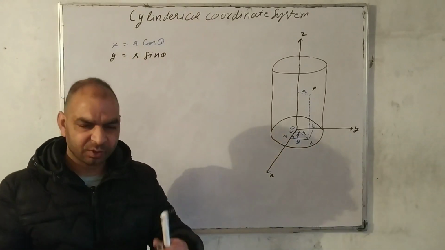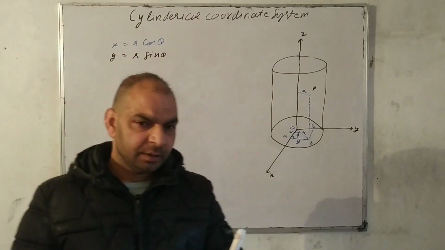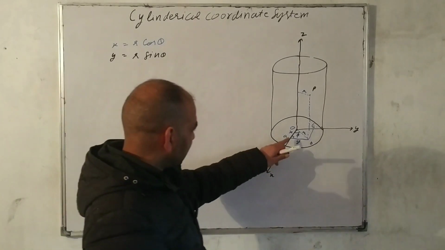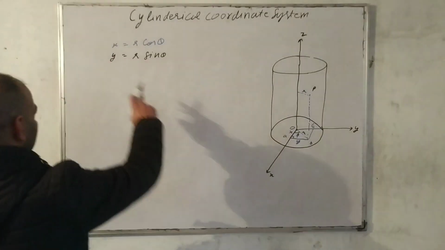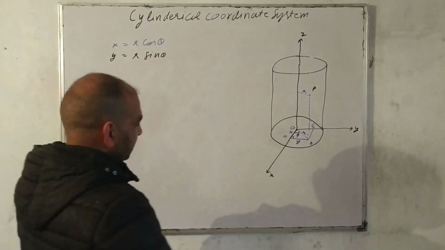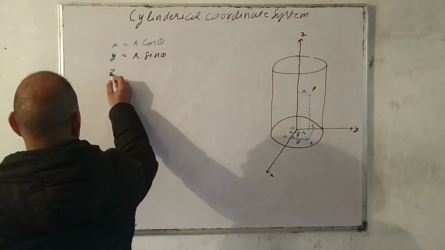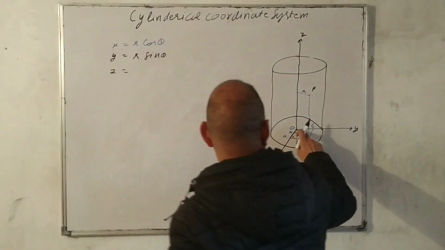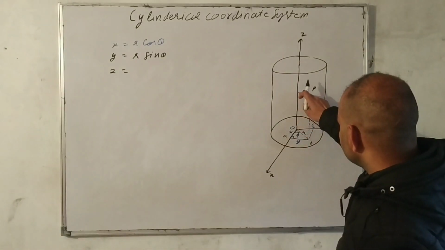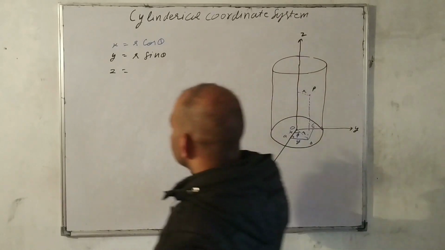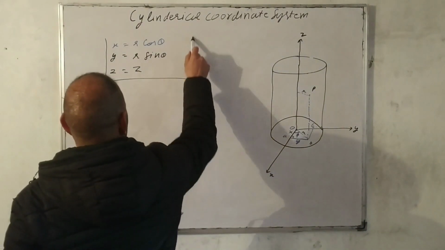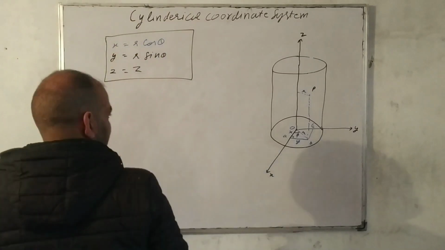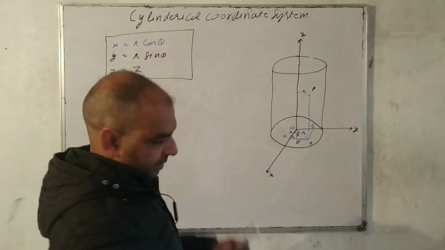You might be wondering how; I am skipping the easy steps. x upon r equals base upon r, which is cos theta, so x upon r equals cos theta. And what will be the third coordinate? z will be equal to z only. So this is the relation between Cartesian coordinates and cylindrical coordinates.